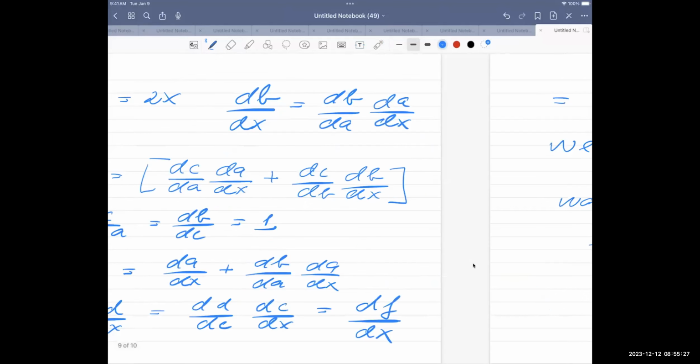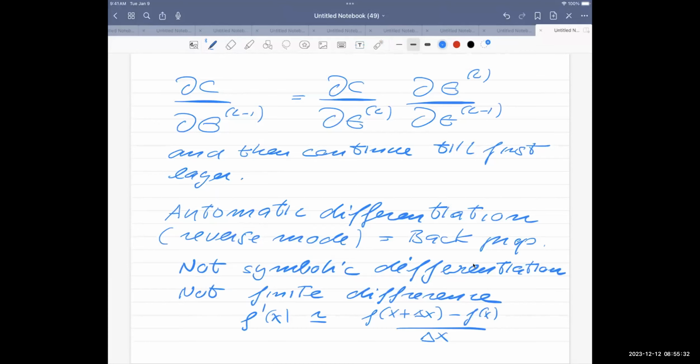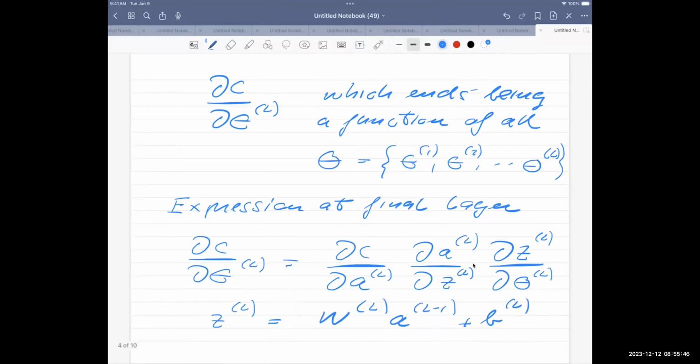So let's go a little bit back to what we looked at earlier with a neural network. So if I now think of my derivatives at the layer L-1, these would be simply given by the derivatives using the chain rule here. And you can see that now if you start at the first hidden or output layer, so at the output layer, I'm also using the chain rule.